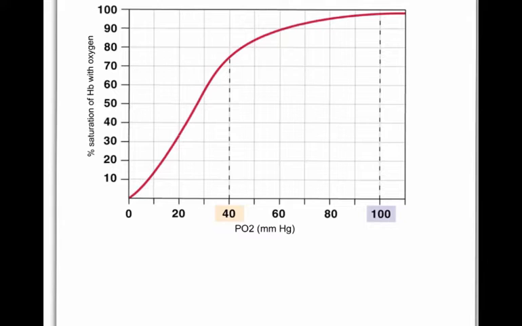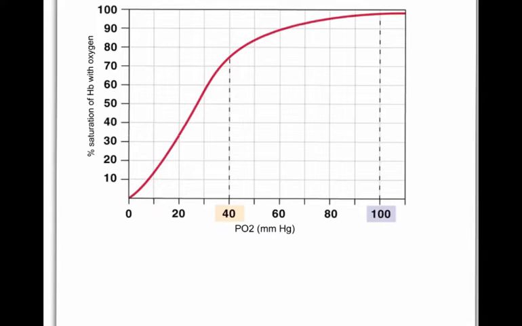And what this graph tells us is that the amount of saturation of hemoglobin with oxygen depends on the partial pressure of oxygen. So if there's no oxygen, if the partial pressure is 0, then we have 0% saturation, which completely makes sense. And then as we increase the partial pressure of oxygen around the blood, we increase the saturation of hemoglobin until we reach 100%.